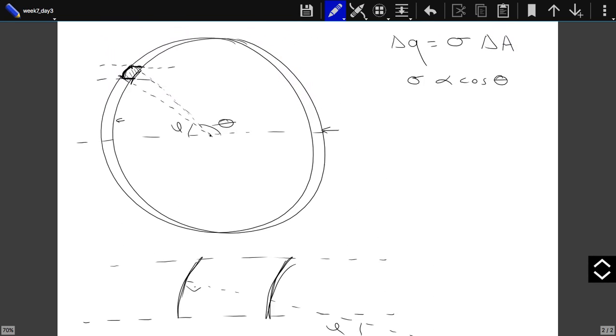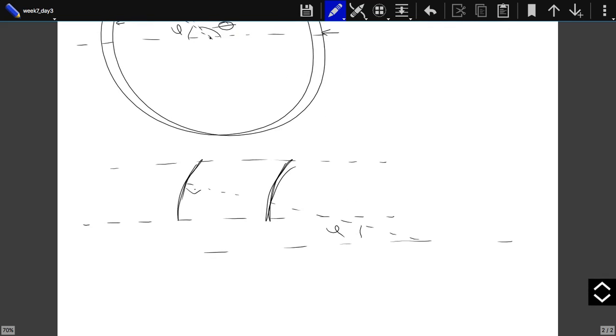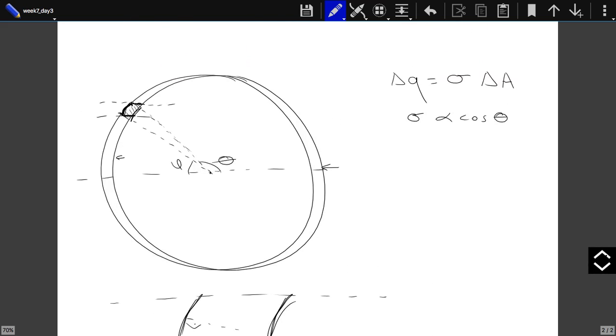Now, first of all, what is the thickness of this region? That is the first thing we have to answer. How can I calculate the thickness?